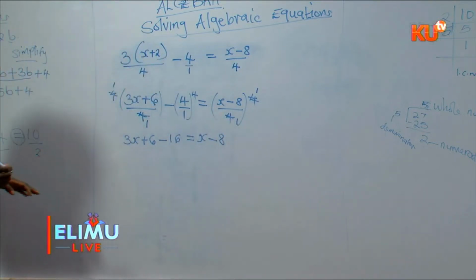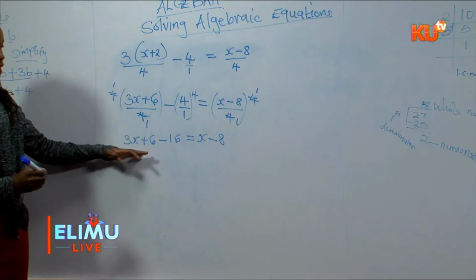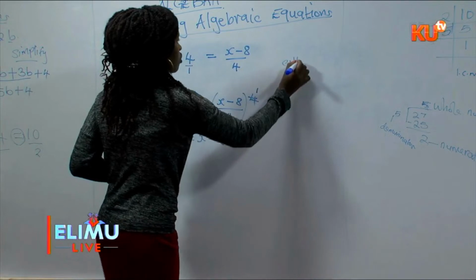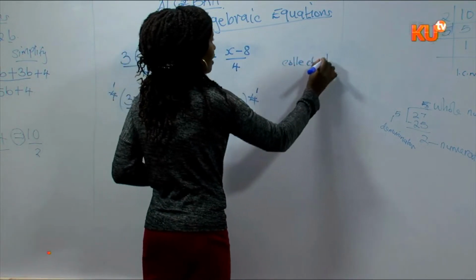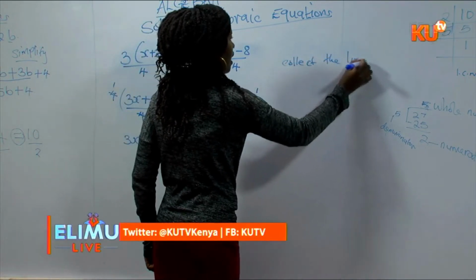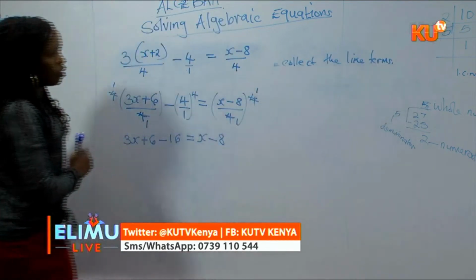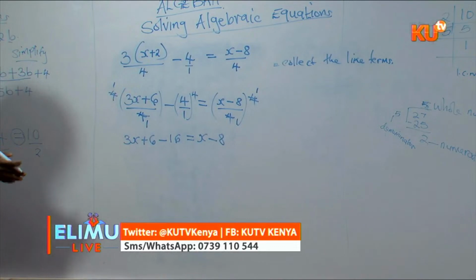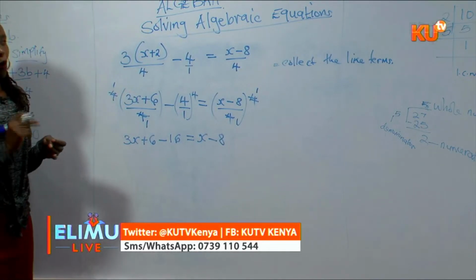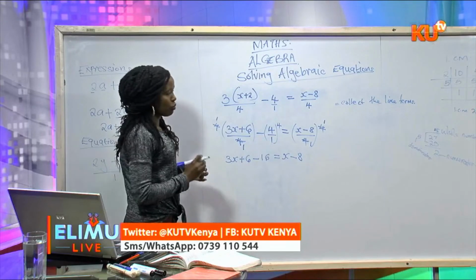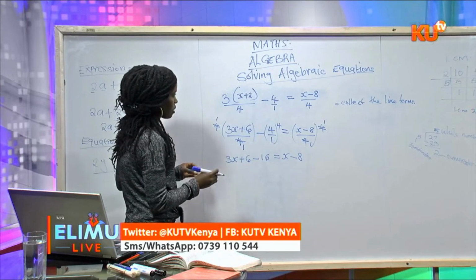From there now, after you have opened up the bracket, you collect the like terms. That is putting the like terms together. One thing that we should remember, we don't move big numbers, we move the small numbers. So that is easier.